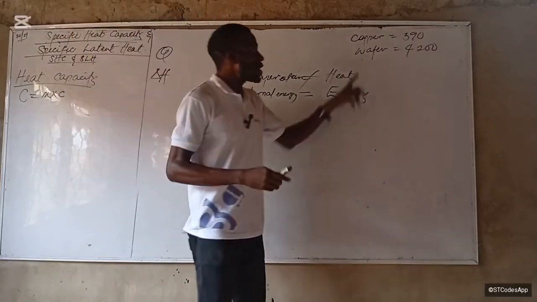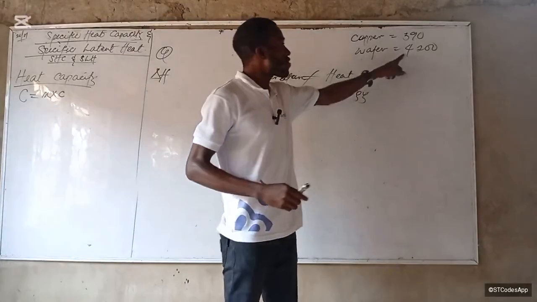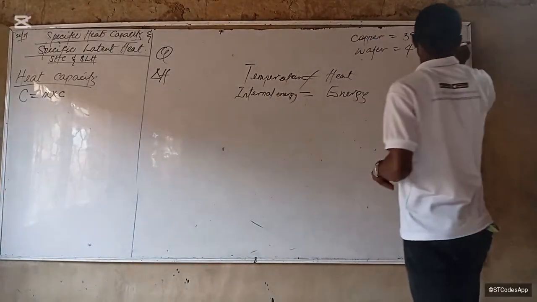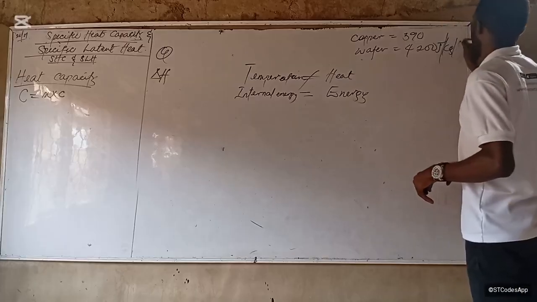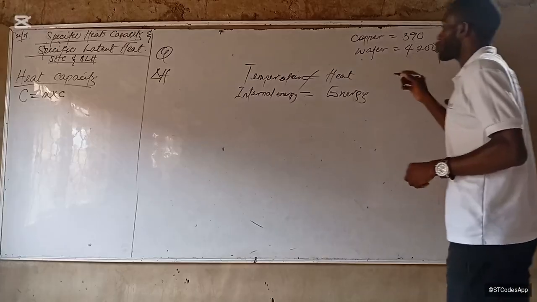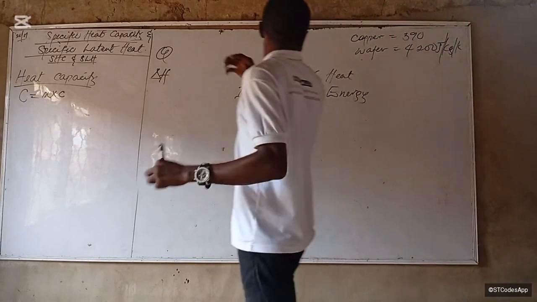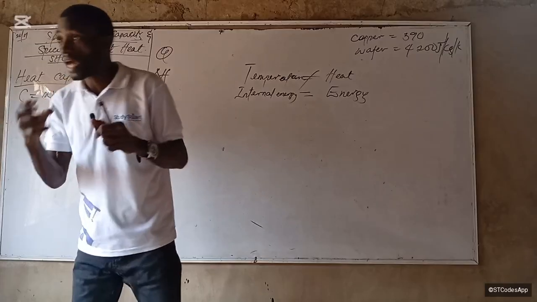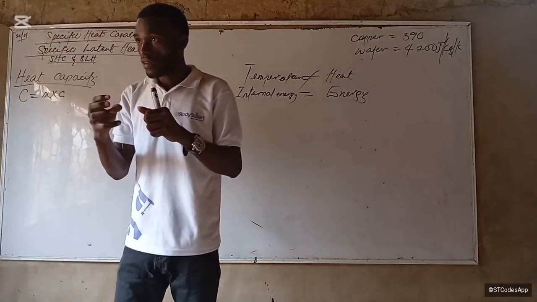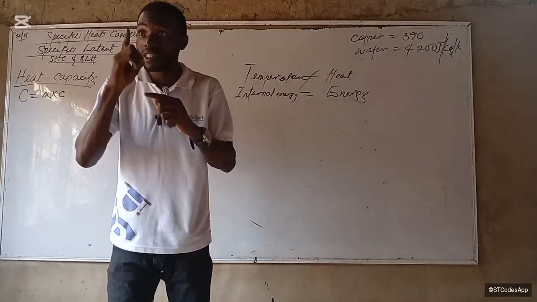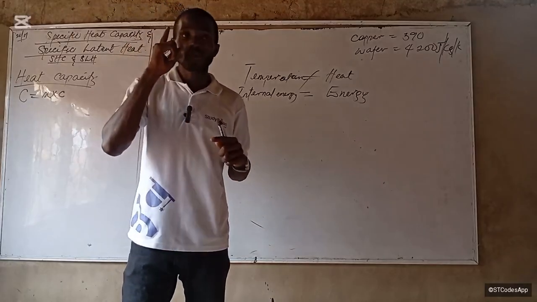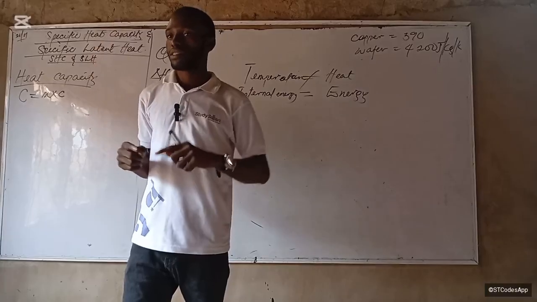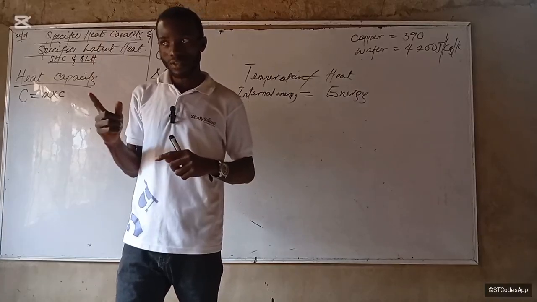For example, the specific heat capacity of water is 4,200 joules per kilogram per Kelvin. This means you need to put in 4,200 joules of energy for that water to increase in temperature by 1 unit. Does that make sense to you?